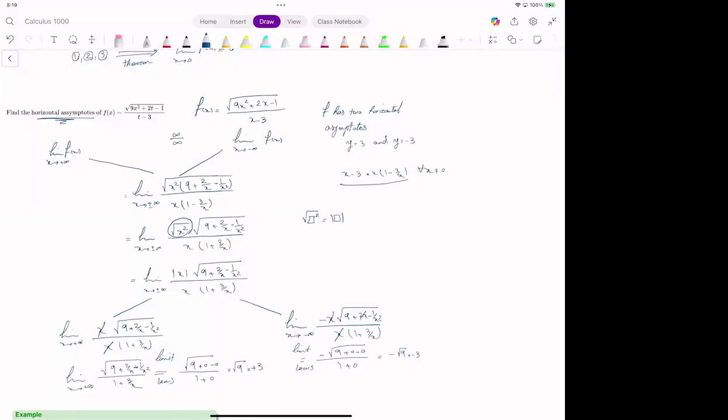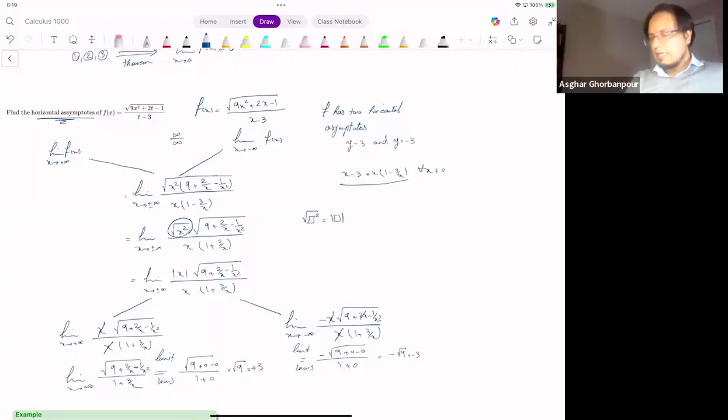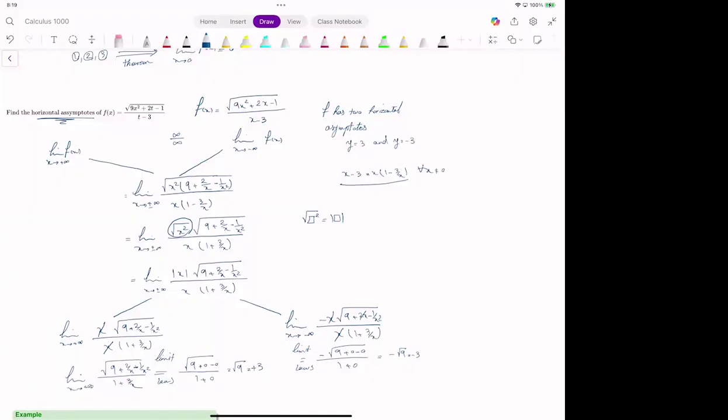I have a question. When we were factoring the square root of x squared, if we just wrote x to the power of 2 over 2, do we still need to indicate that it's an absolute value of x? Sorry, again, so you factor out x squared, yes? Yeah, and then that will become x to the power of 2 over 2.